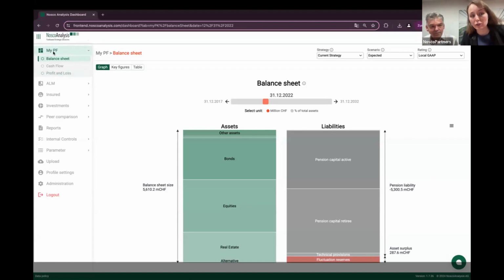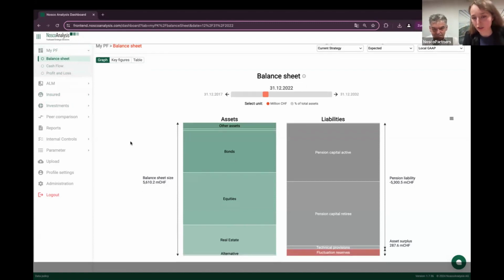Here we have different stories in the My Pension Fund story. We have consolidated view on the pension fund and information about the whole balance sheet, all cash flows, and also profit and loss statement. But we can also go into more detail and look, for example, on the age structure of the insured people, or get some more information about the investments. But today we will dedicate ourselves to this part.